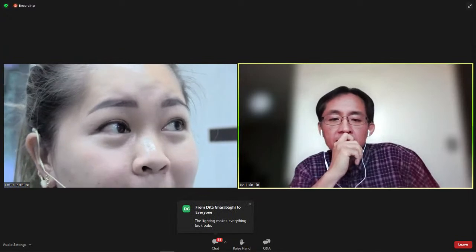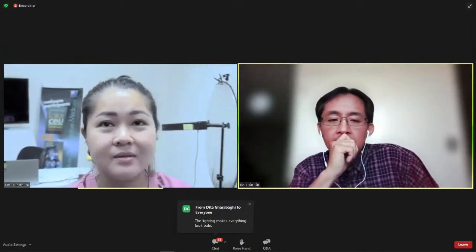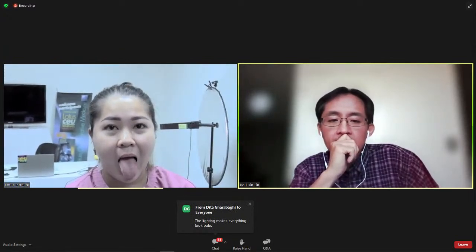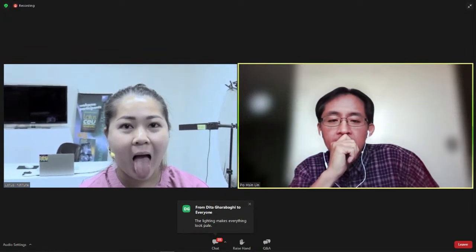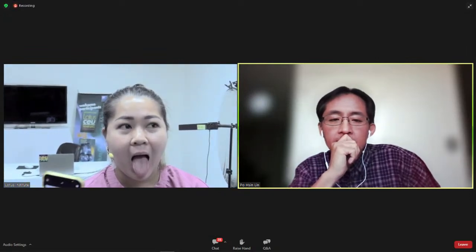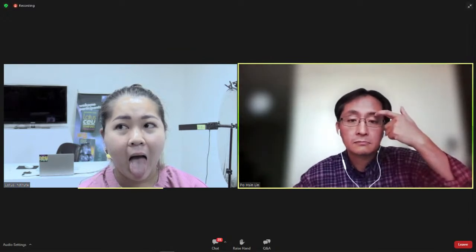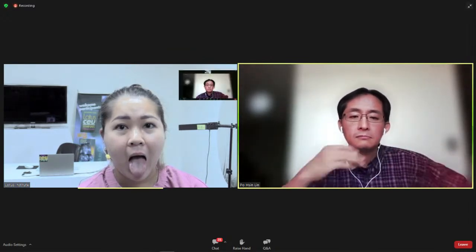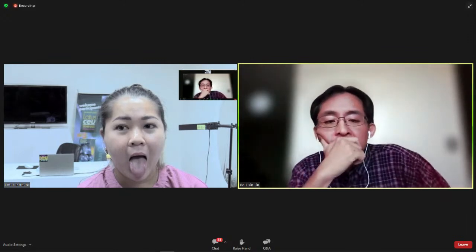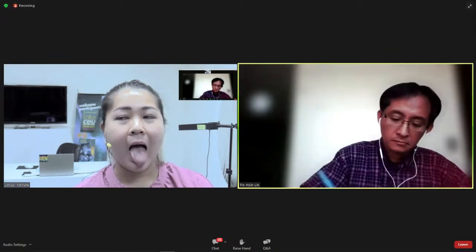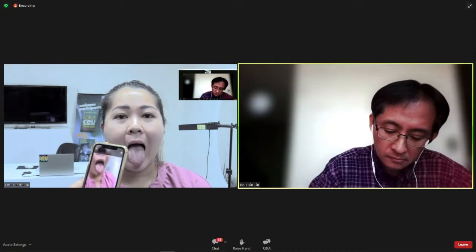It doesn't matter what you eat. Can you check the picture on your phone? Grace took some pictures, it's more accurate. So Grace, what do you think? I think it's a little bit red and a little light purple. This fluorescent lighting maybe distorts the tongue color a bit for you.